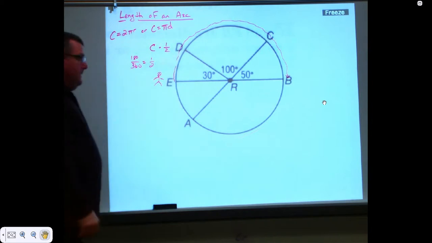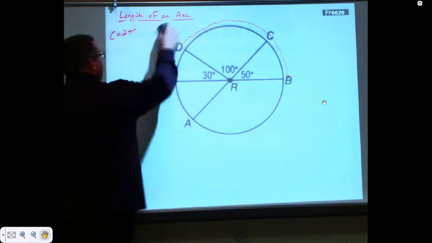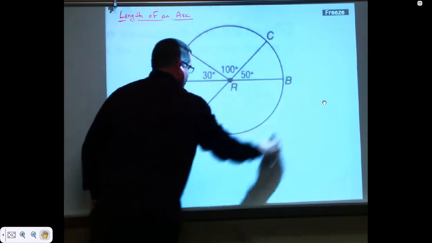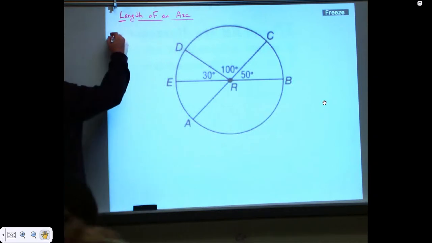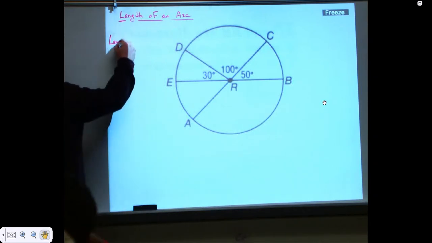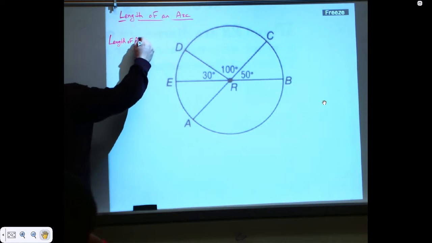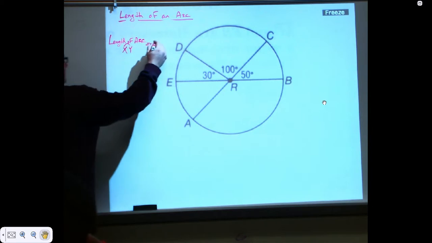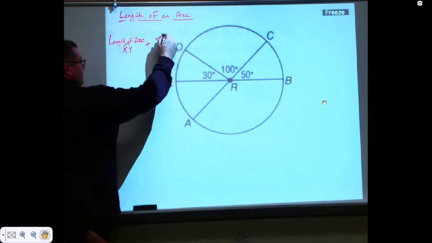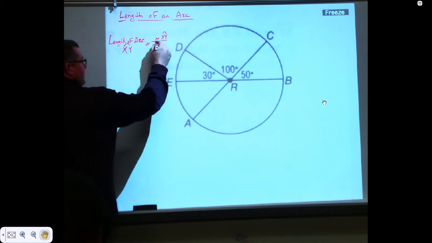What we've got, and I'm just trying to explain to you what the formula for arc length is and how they get it. Arc xy is always equal to the measure of arc xy divided by all the way around.